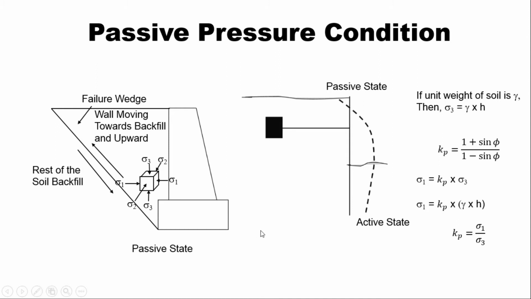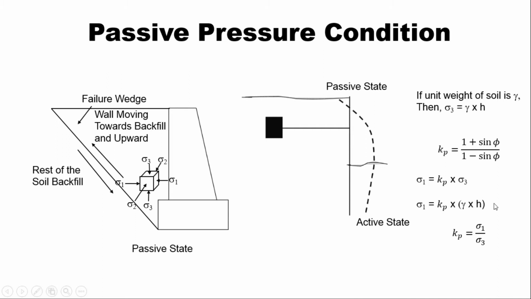That's why in this case the lateral earth pressure, which is sigma 1, is the major principal stress, and the vertical stress due to overburden, that is gamma times h, becomes sigma 3, the minor principal stress. Therefore, lateral earth pressure sigma 1 is equal to the coefficient of passive earth pressure times the vertical pressure sigma 3, which is the minor principal stress.